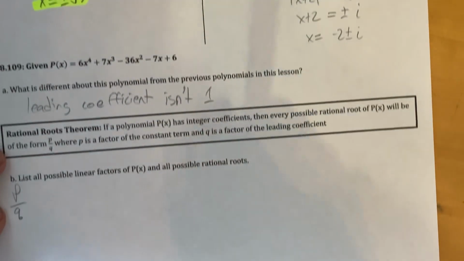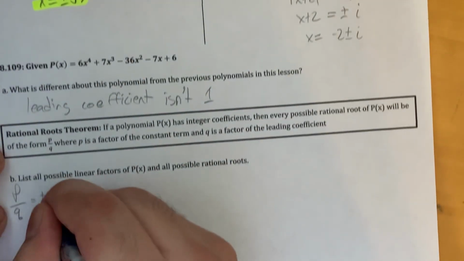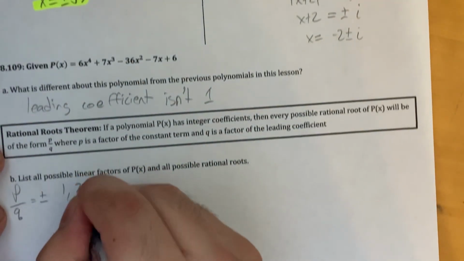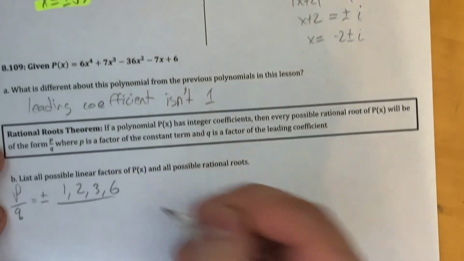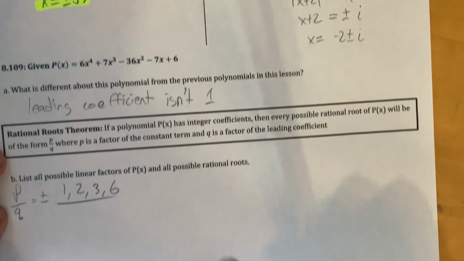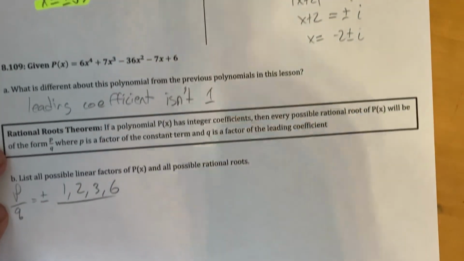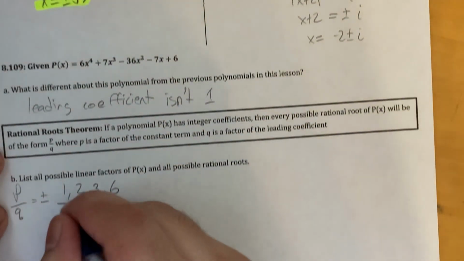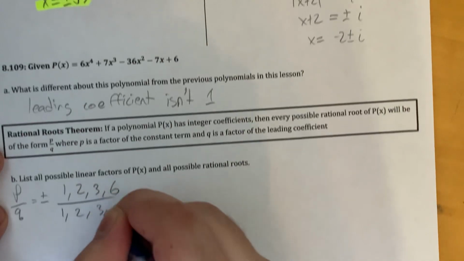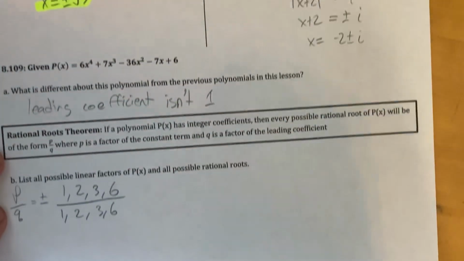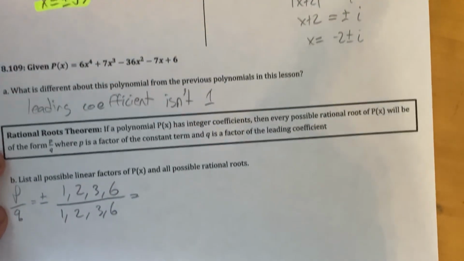So we're going to get a lot of factors for 6 and 6. Our possible roots are plus or minus 1, 2, 3, 6, divided by all of the factors of 6, which are 1, 2, 3, and 6 again. So let's do it.